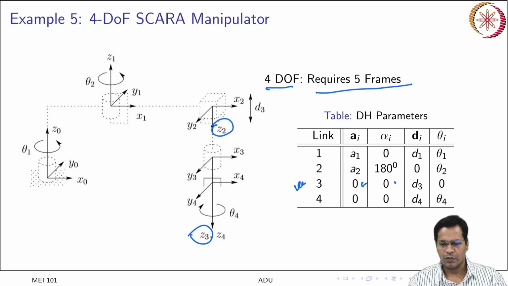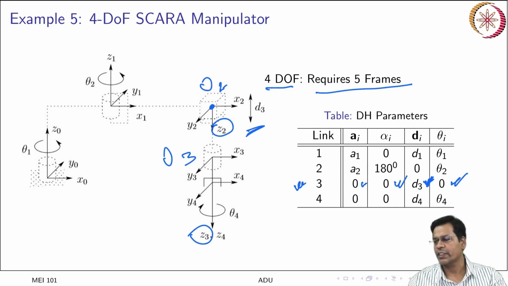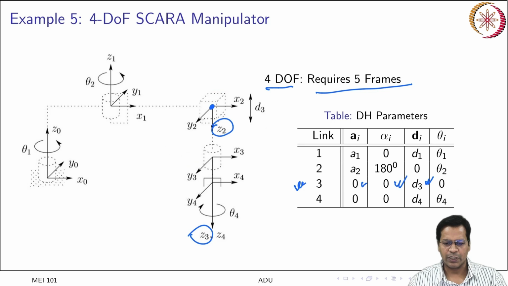Both are aligned, so twist is also 0, and it travels from O2 to O3 by a distance D3, that is the extension of that prismatic link. So this is the joint variable, and there is no rotation angle variable. Got it? So this is your third, and then the final one, let us quickly do it again.